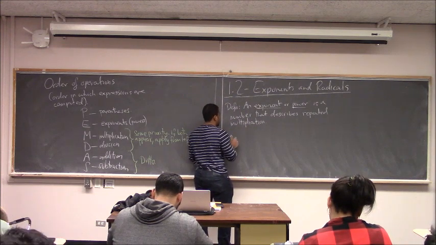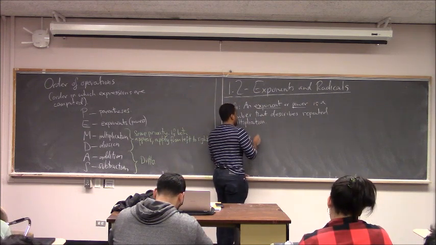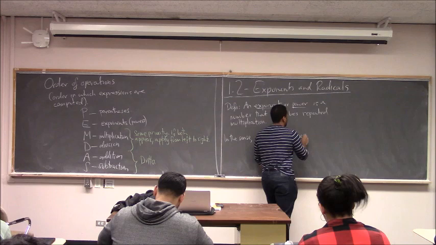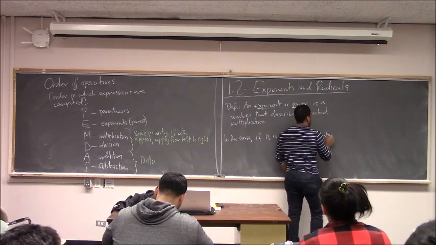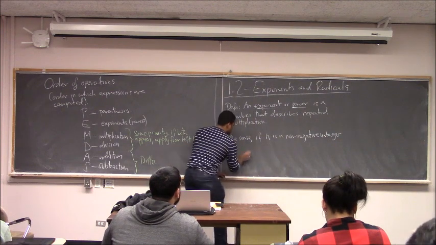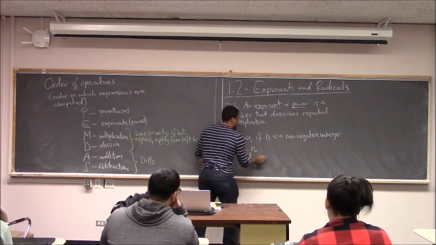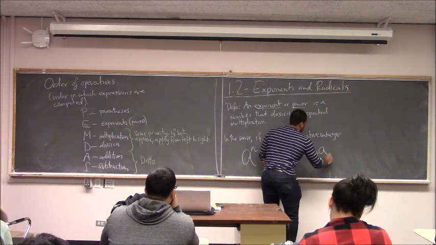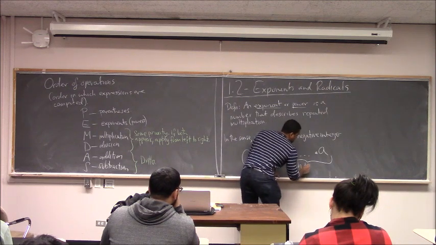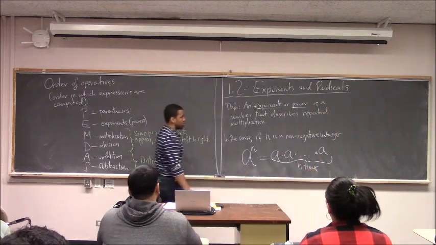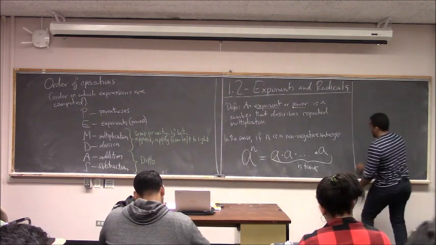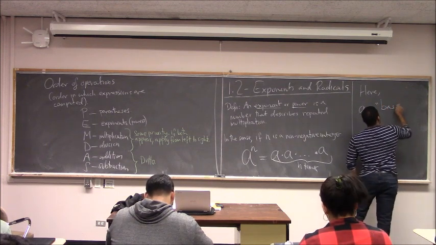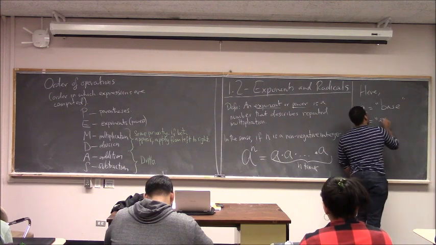In the sense, if n is a non-negative integer, then a raised to the n is equal to a times a times a, n times. Here, a is called the base, n is called the exponent.